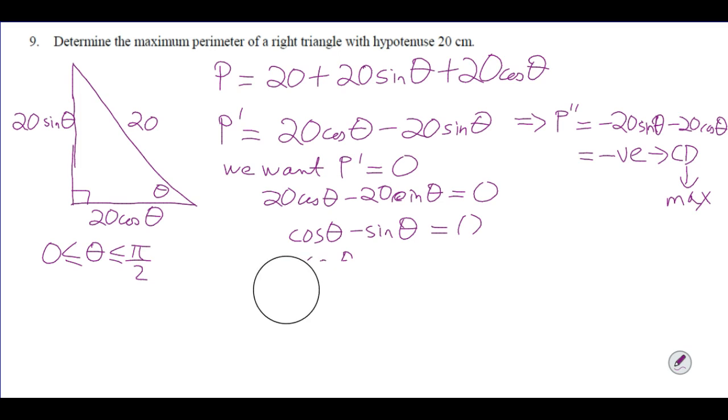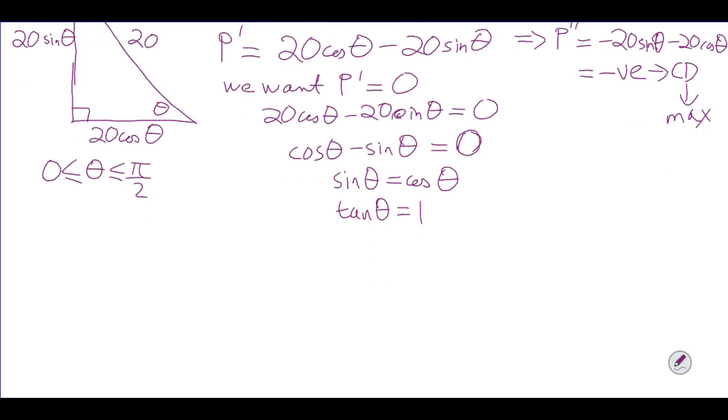Actually, let's write that as sine theta equals cos theta. You can either go, oh, I know when that happens, or you could say tan theta equals 1, so divide both sides by cos theta. And then you could say, oh, I know when that happens, which is when theta is pi over 4. So theta is pi over 4.